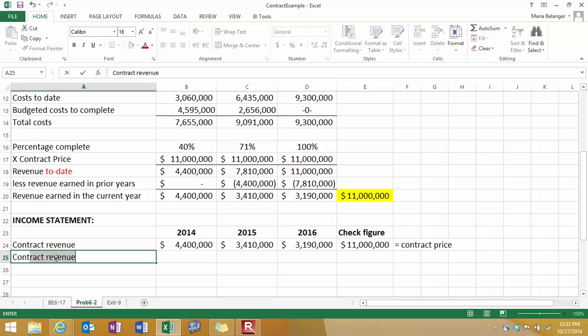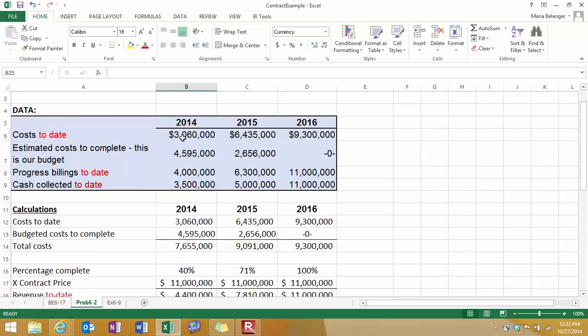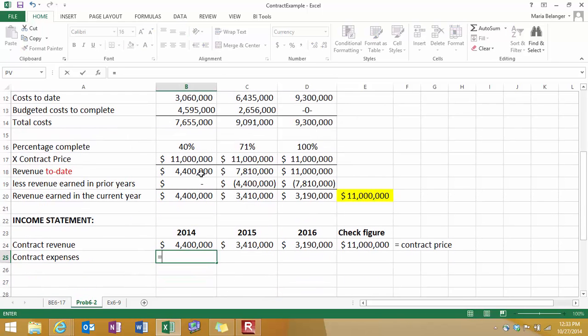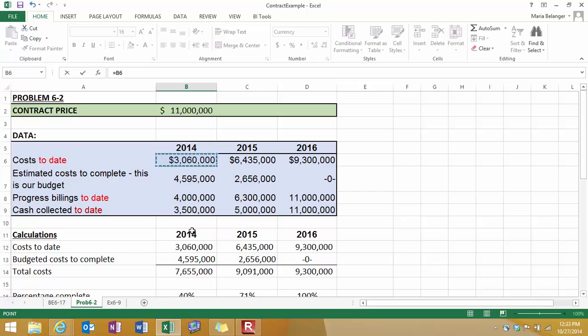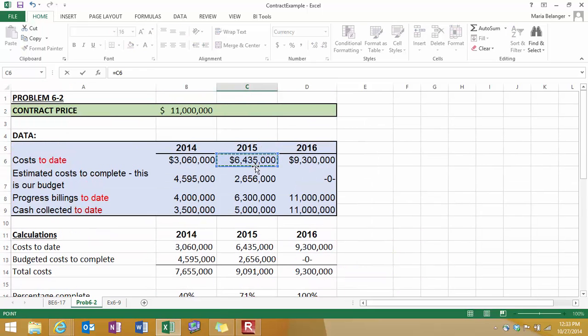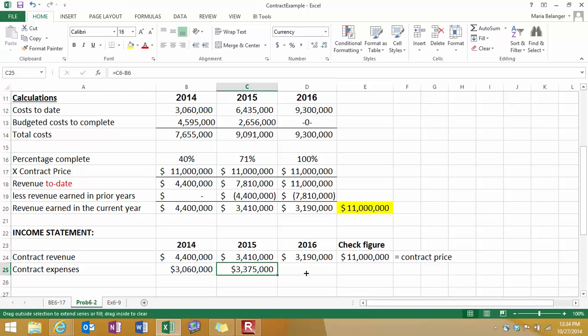And my contract expenses. For my contract expenses, I need to go back to my original data, but remember that this amount here is cumulative. For the first year, it's our $3,060,000, but in the second year, it's a 2015 amount, but we have to back out the 2014 because it's included.